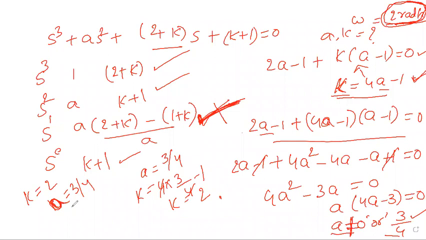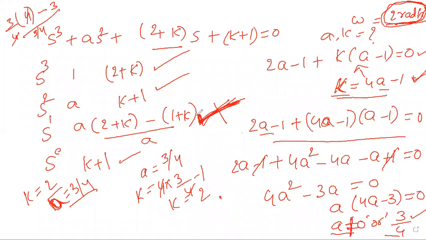Now look, substitute these two values here: k equal to 2, a equal to 3/4. a is 3/4, k is 2. 2 plus 2 is 4, minus 1, plus k. How much is 3 by a? a is 3/4, 4 gets cancelled. 3 minus 3 how much? 0.